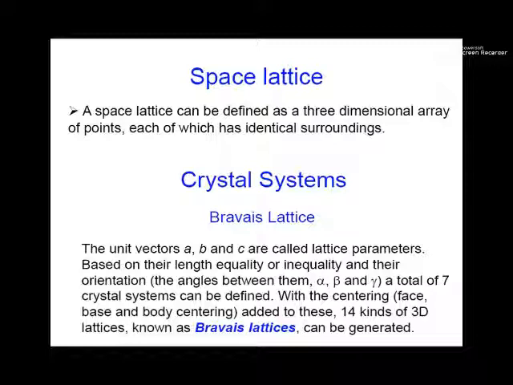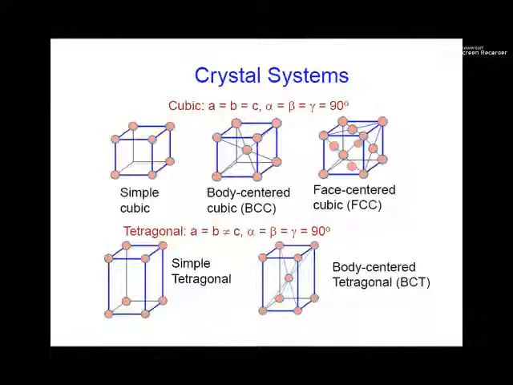And you have already read that there are 14 types of 3D Bravais lattice in the case of 7 crystal systems, and we have characterized them by different lattice parameters a, b, c, and alpha, beta, gamma.